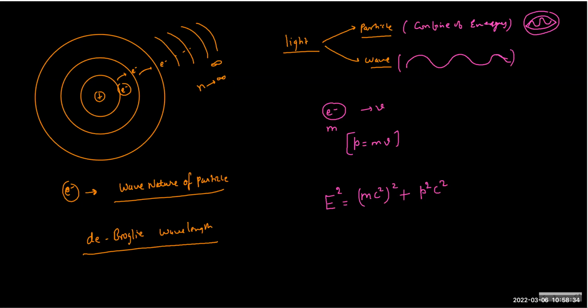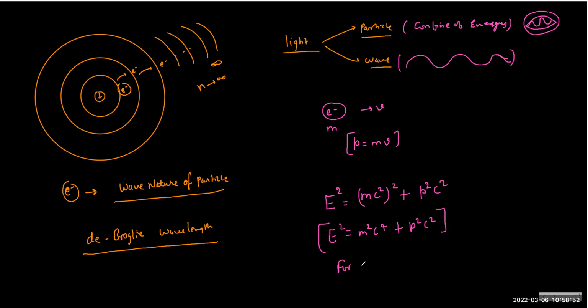Understood? Now what does it mean? You can see E squared equals m squared c to the power 4 plus p squared c squared. P is the momentum. Now this is for a general particle.